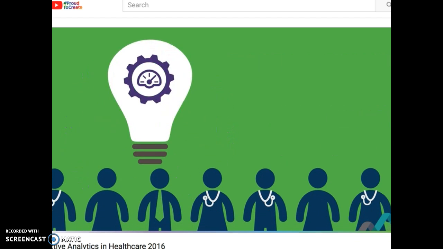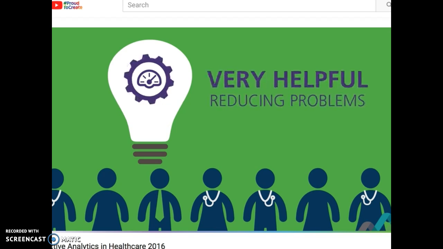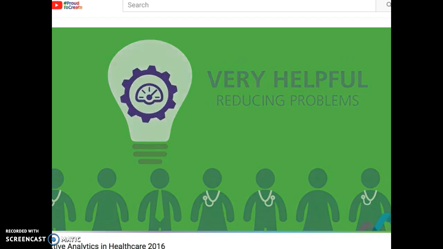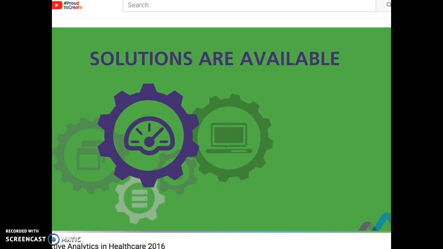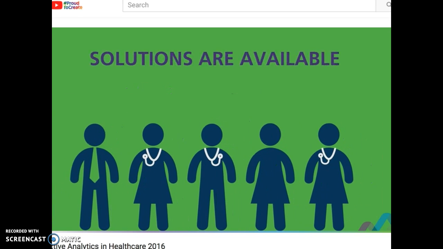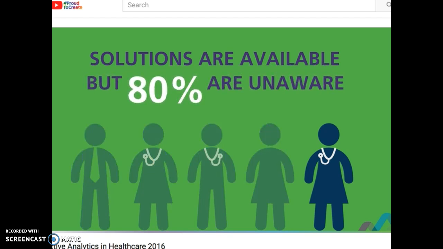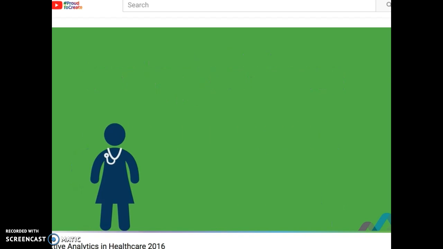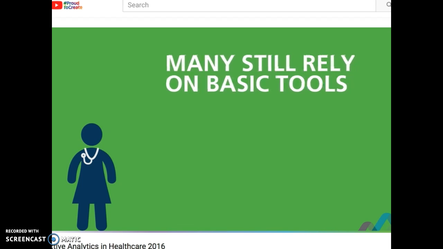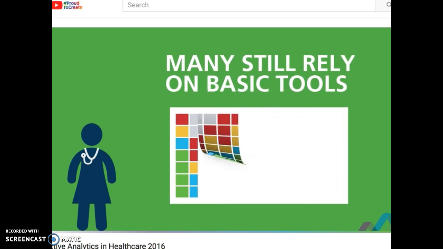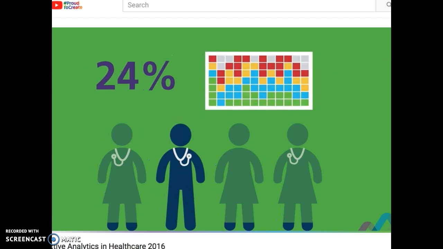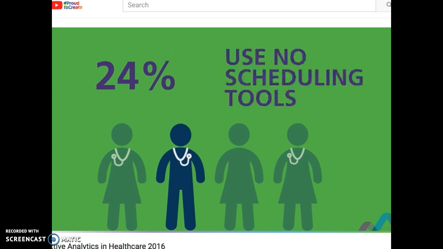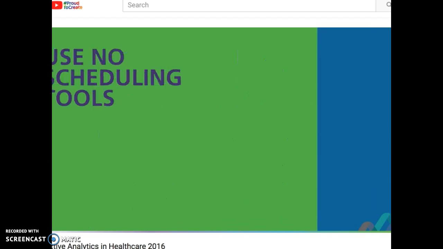Most nurse managers say they would be very helpful in reducing the daily problems they face. Technology-enabled solutions using predictive analytics are available to solve nurse scheduling and staffing problems, but 80% of nurse managers don't know about them. Most nurse managers still rely on very basic scheduling tools, paper-based tools, and simple digital spreadsheets. Nearly 1/4 of nurse managers say they don't use any scheduling tools at all.